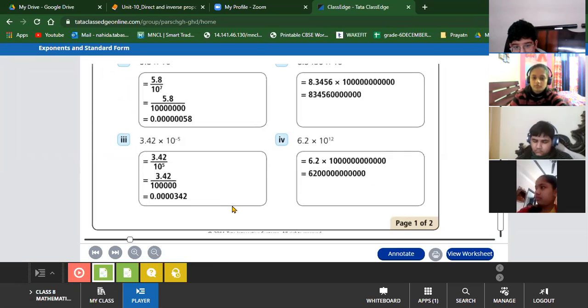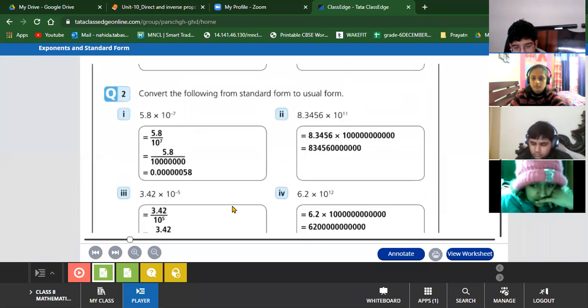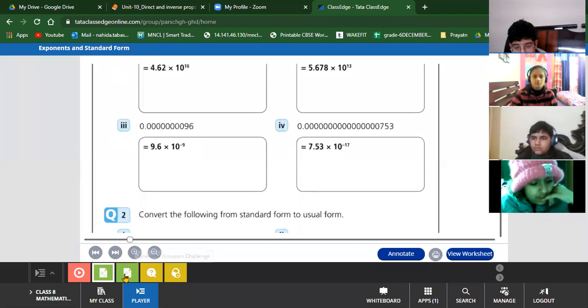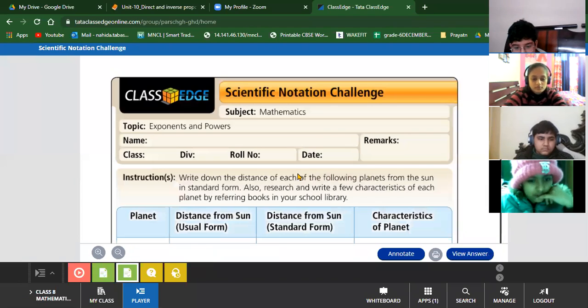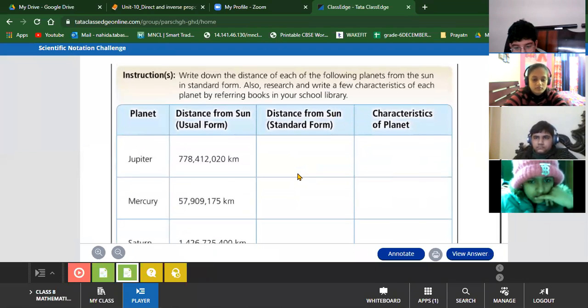Done? Yes, ma'am, done. Can we move on to one more exercise, one more worksheet? Yes. Okay, so here they have given you the distance from the sun of all the planets of our solar system. You just need to convert it into standard form.